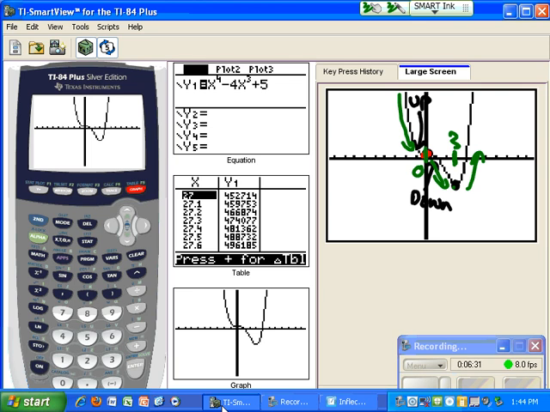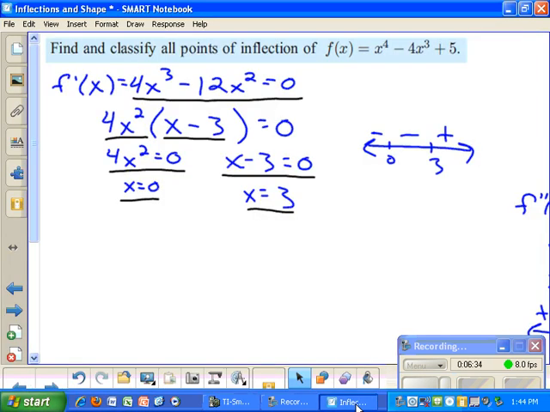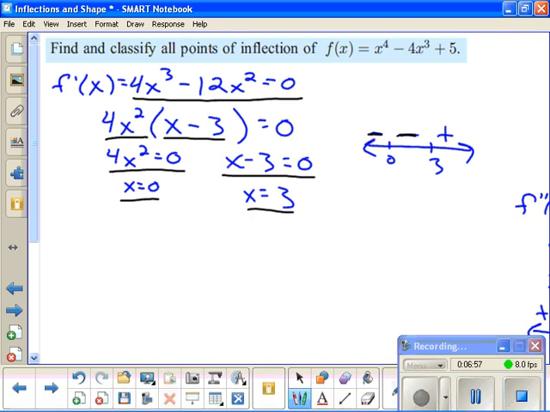This is the value 0, which we found by setting our derivative to 0, giving 0 and 3. As it approached 0, it was decreasing. As it continued past 0, it was still decreasing. And then at 3, it starts to increase. So because it continues negative and negative, that tells us there's a horizontal inflection point at that point in the graph. Now this is the sign diagram of the derivative.